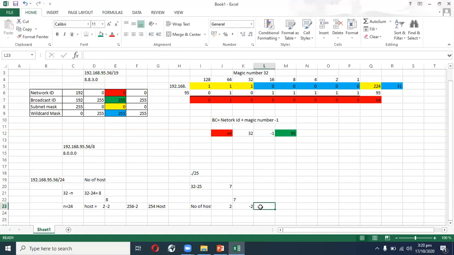So 2 to the power 7 is 128, minus 2. So our answer will be 126. So 126 hosts can be connected at 2 to the power 7.